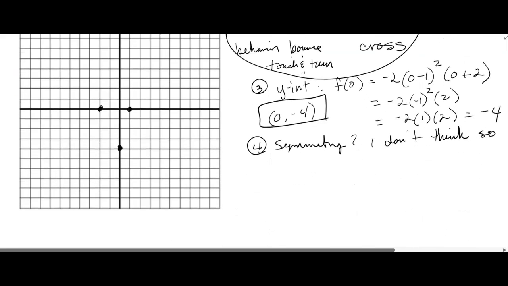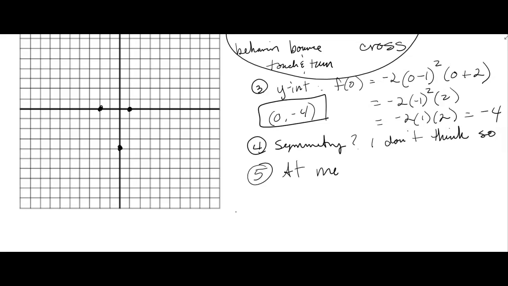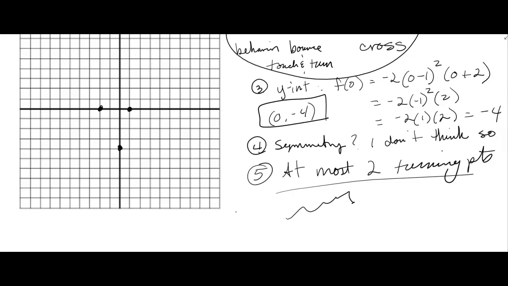So my turning points, I can have at most 2 turning points. This helps you make a good graph, so you don't get crazy putting a bunch of squigglies in your graph, and it's going to be a little bit cleaner.